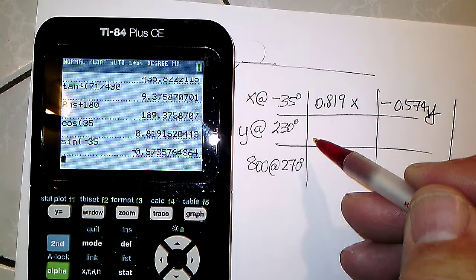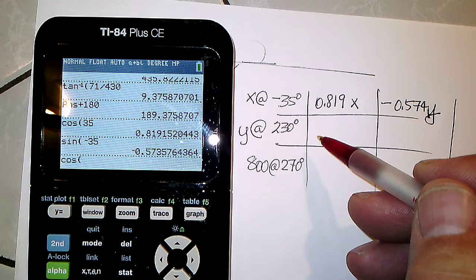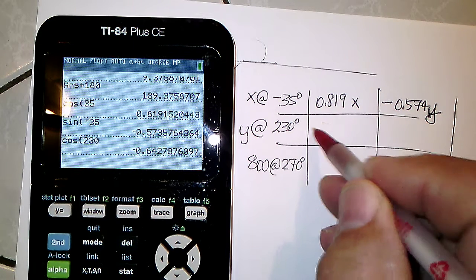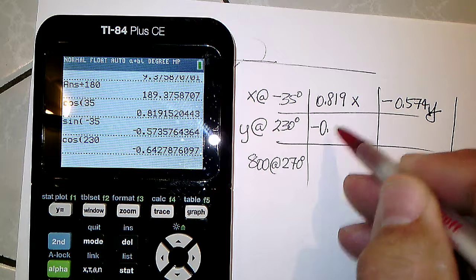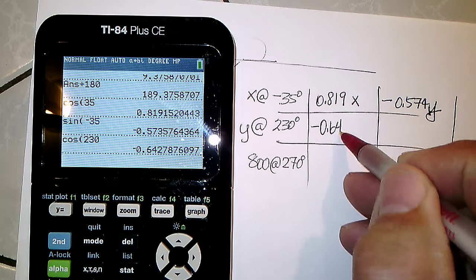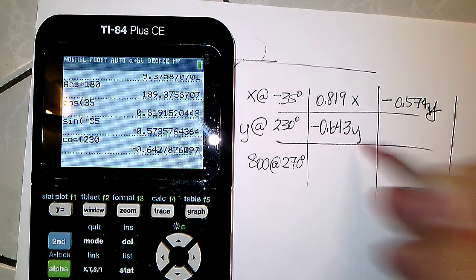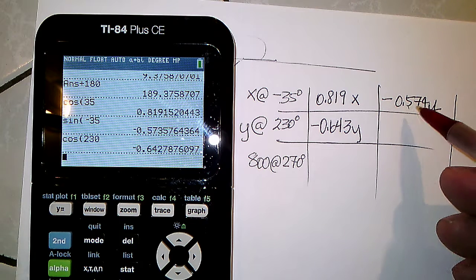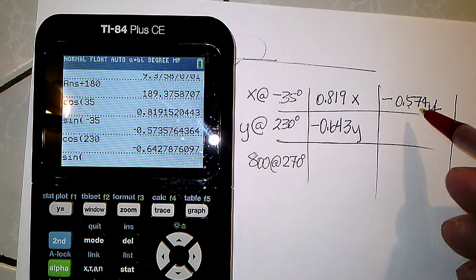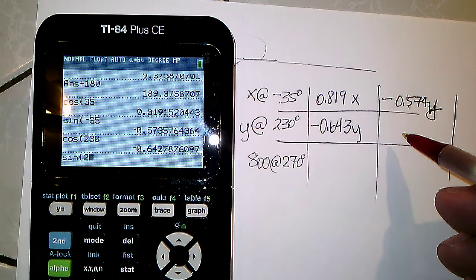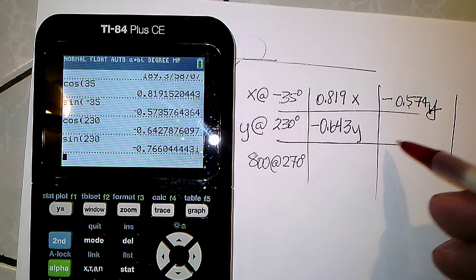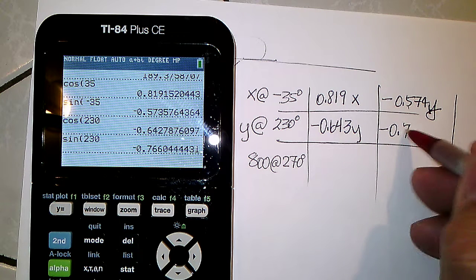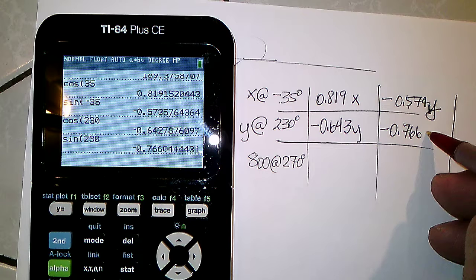And now for the 230, we're going to have cosine 230 times y, which is negative 0.643y. And for this one, the sine of 230, that's also going to be negative 0.766y.